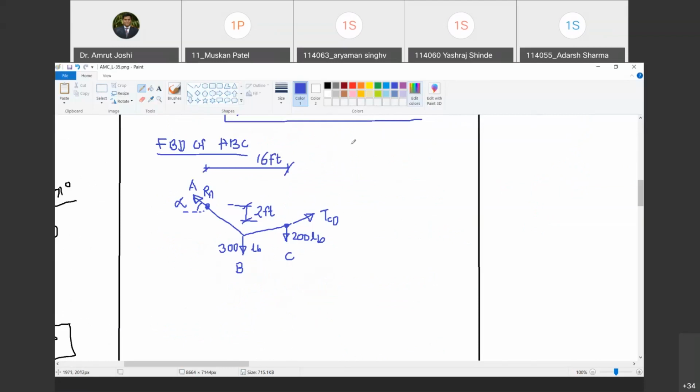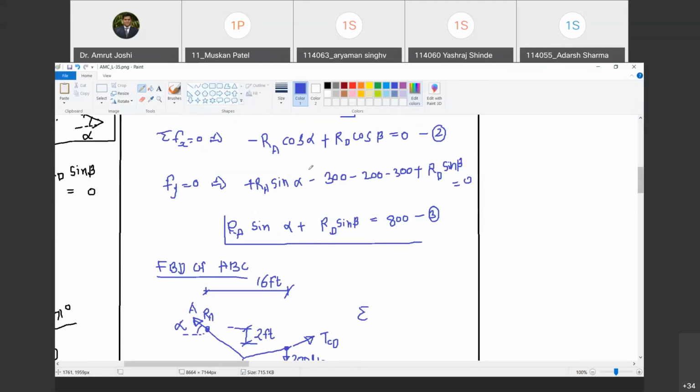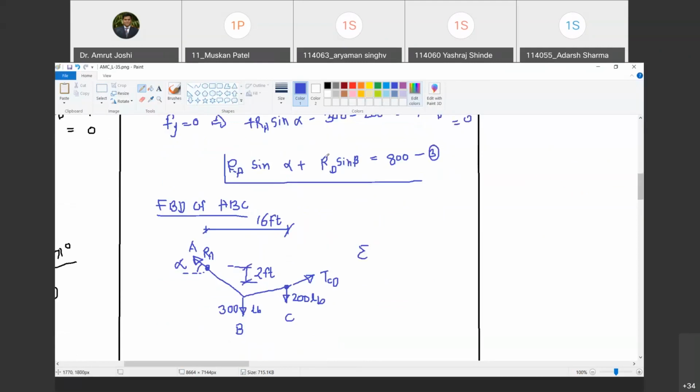Yes, sir. As the entire cable is in equilibrium, this portion also must be in equilibrium, and therefore we can apply equations of equilibrium to this portion as well. Which equation are we going to use? We need only one additional equation, and that additional equation should not involve TCD. So what equation should I use? Tell me.